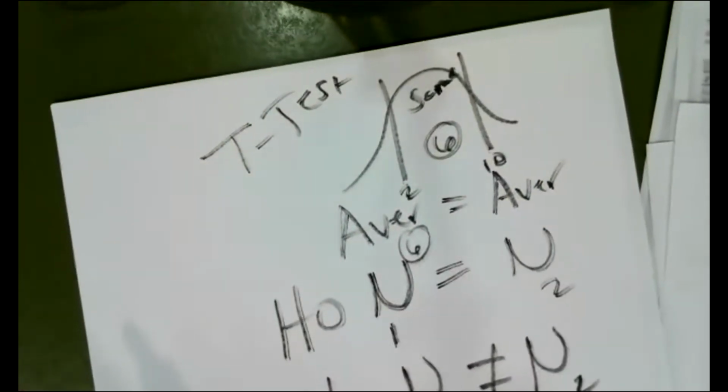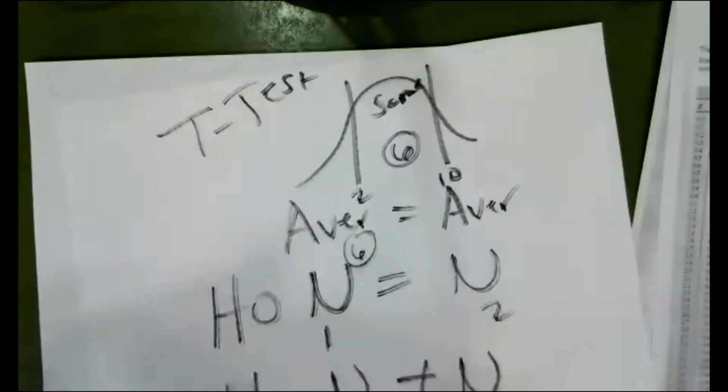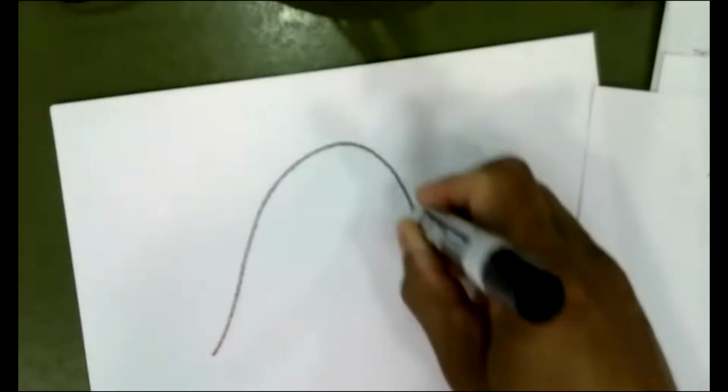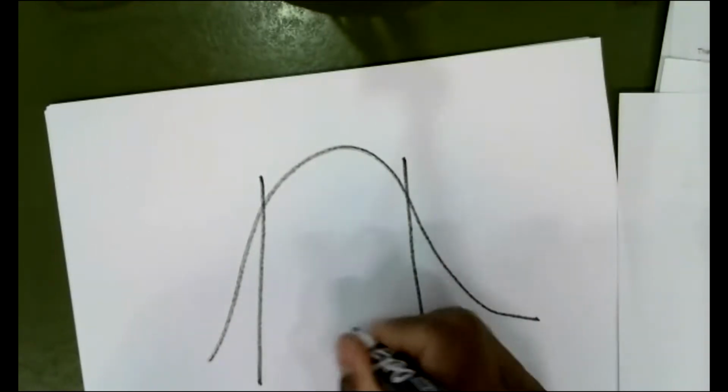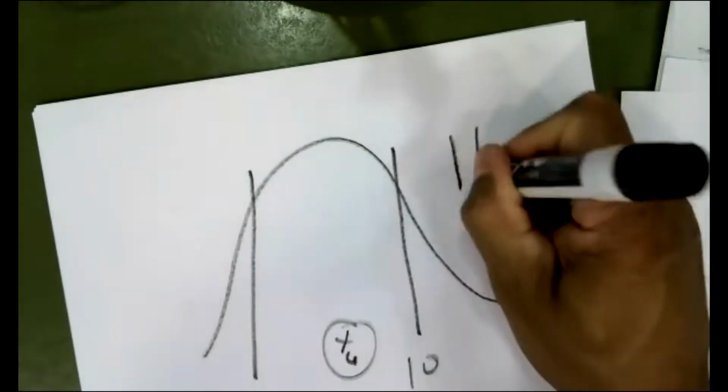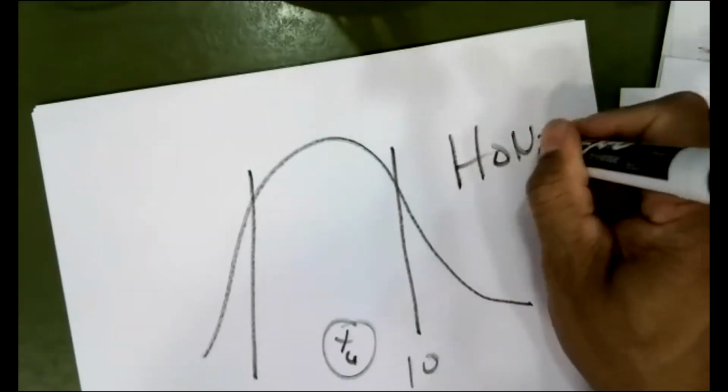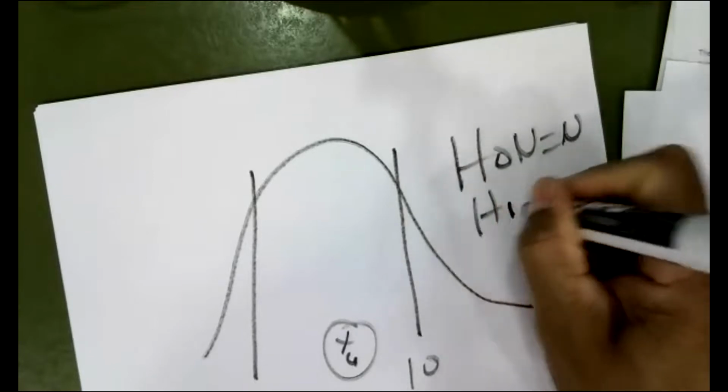So with my t-test, if I create a confidence interval, and it's 2 and 10, and I have 1 in here that's at 6, and I'm hypothesizing that this will help.